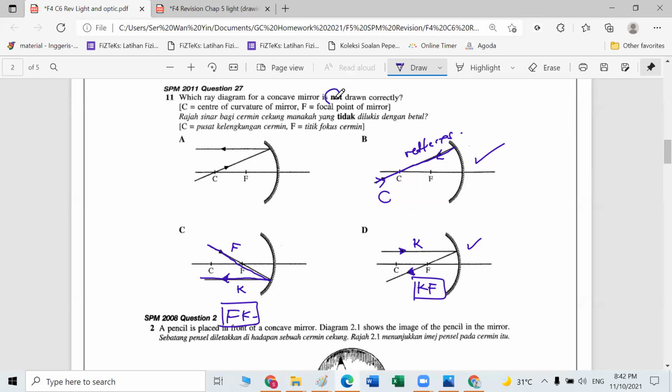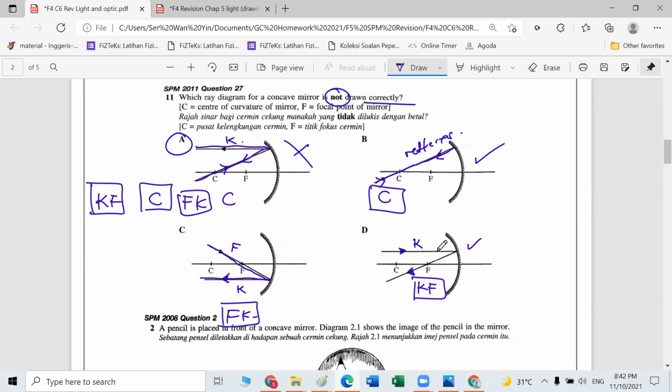So which one is not drawn correctly? A, because when the light passes through center, it's supposed to reflect back to the C. So only C. But now you see this is CK, so wrong. We don't have CK, we only have KF or FK.